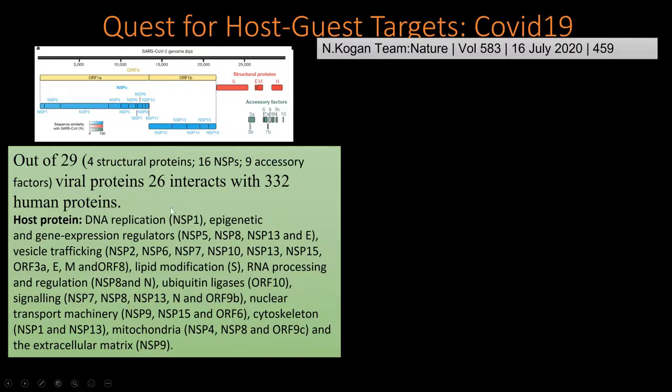And most interesting is, as you see, DNA replication, these are human, has this interaction. Epigenetic and gene expression regulators in the human interact with these ones. So it's very interesting how these proteins are interacting. And ORFs, these are accessory factors. They call them accessory factors. These are also small proteins.